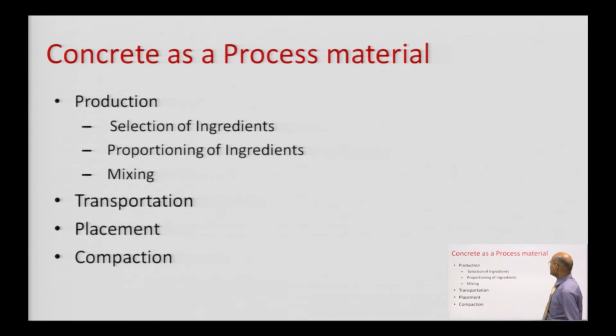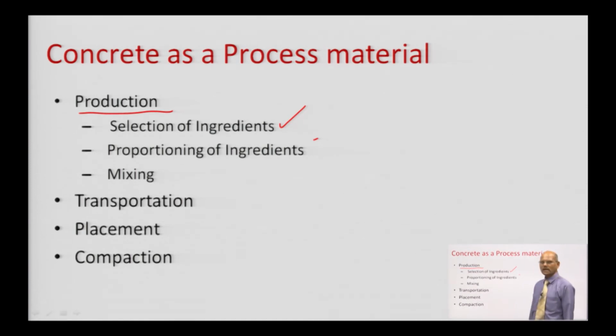So, concrete is a process material, not a manufactured material, you can say, because in the production of concrete lots of steps are involved. For production we go for selection of ingredients, because we have different ingredients for making concrete like water, cement, coarse aggregate, fine aggregate, mineral admixtures, chemical admixtures.